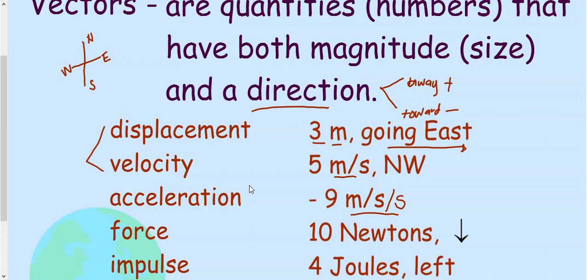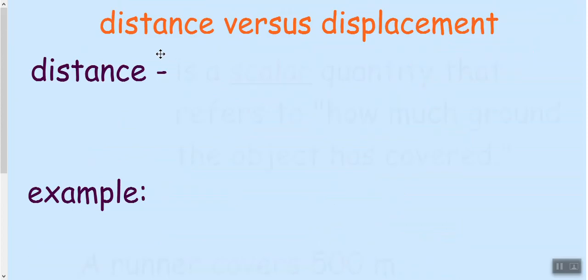So those are the differences between scalar and vector. Hopefully you're able to jot down the information on your paper. And let's move on to two of the best types of scalar and vector in linear motion that we're going to discuss. So let's begin with distance versus displacement.